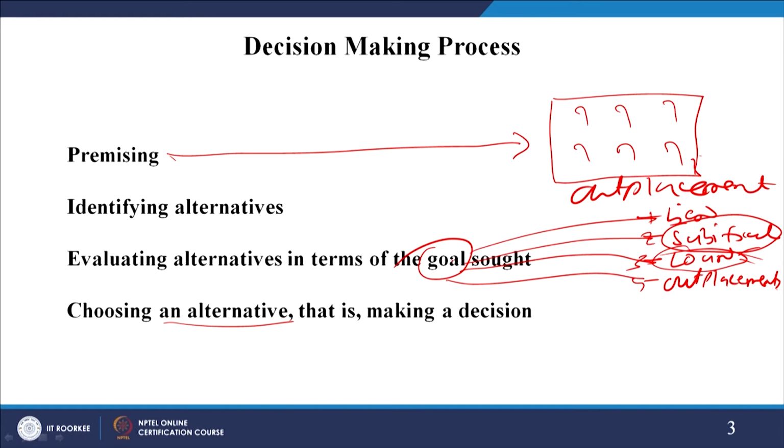So, the decision making process first and foremost is to know yourself. This premising means what? Strengths, weaknesses, opportunities and threats, and resources, a proper situation analysis.